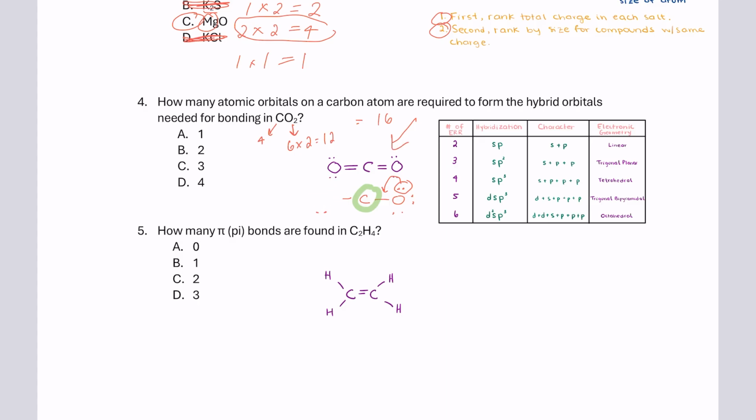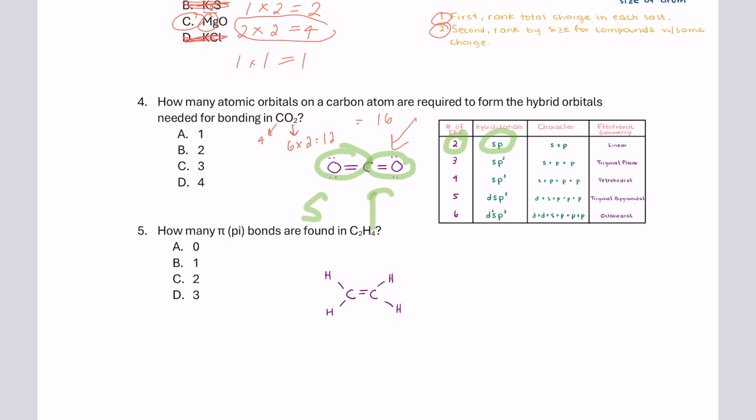Carbon dioxide has a linear structure with 2 double bonds between carbon and oxygen. To predict the hybridization of carbon, we need to count the number of electron-rich regions around it. Carbon is surrounded by 2 regions, 1 for each double bond to oxygen. So if we have 2 electron-rich regions, our hybridization is going to be sp.